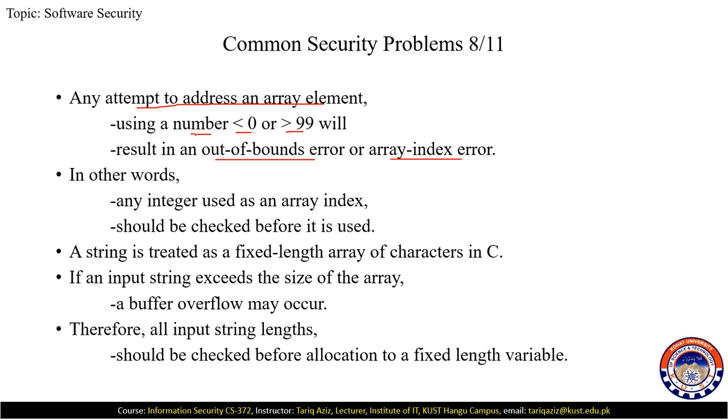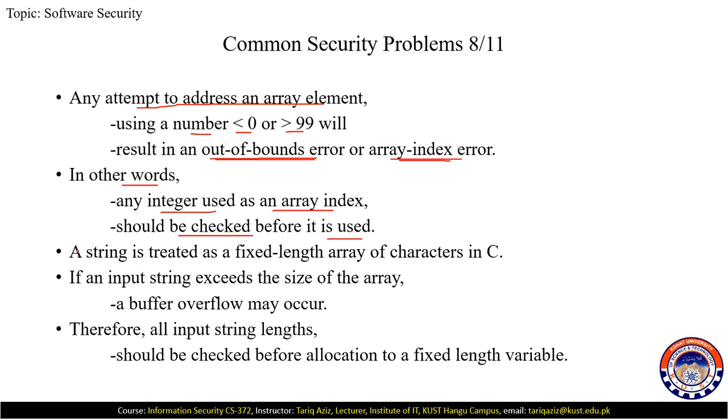So an array out of bound error or an index out of bound error should be generated. In other words, any integer used as an array index should be checked before it is used.